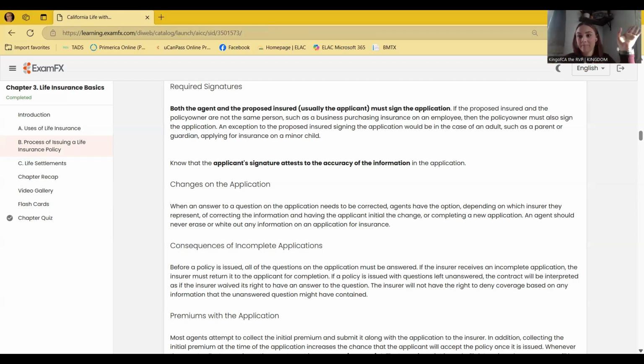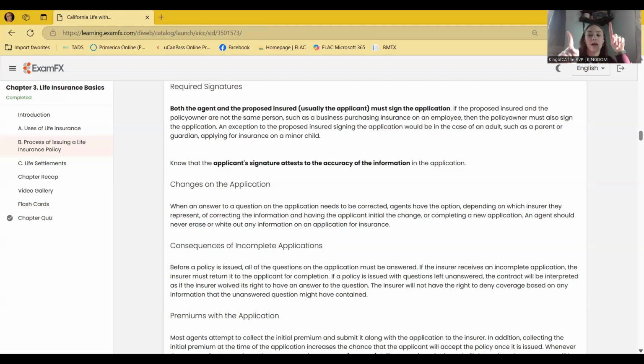So basically, let's just say the applicant is the insured person. Their signature and the agent's signature need to be on the policy. Let's just say that there's a policy owner, there's an insured person, and the agent. All three need to have their signatures on the policy. Think of a husband and a wife, right?